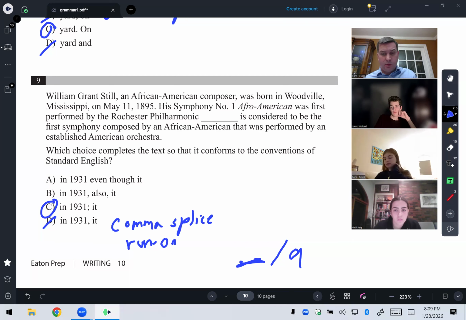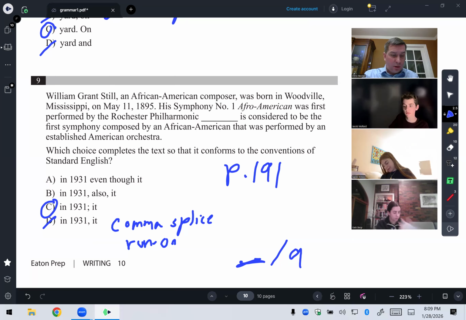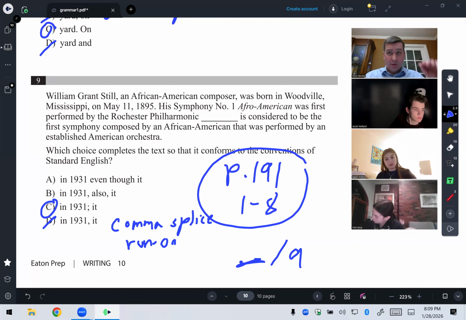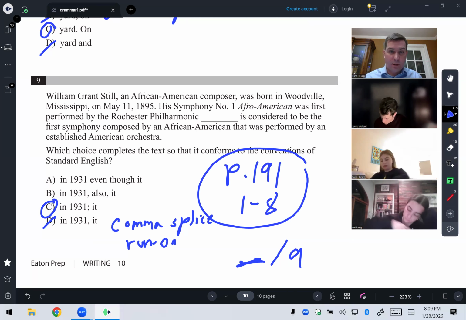Okay, this is page 191. So we can turn to page 191 and we are going to do 8 questions. We'll be out of here on time, I promise. You can just start doing them. I'll just be quiet over here.